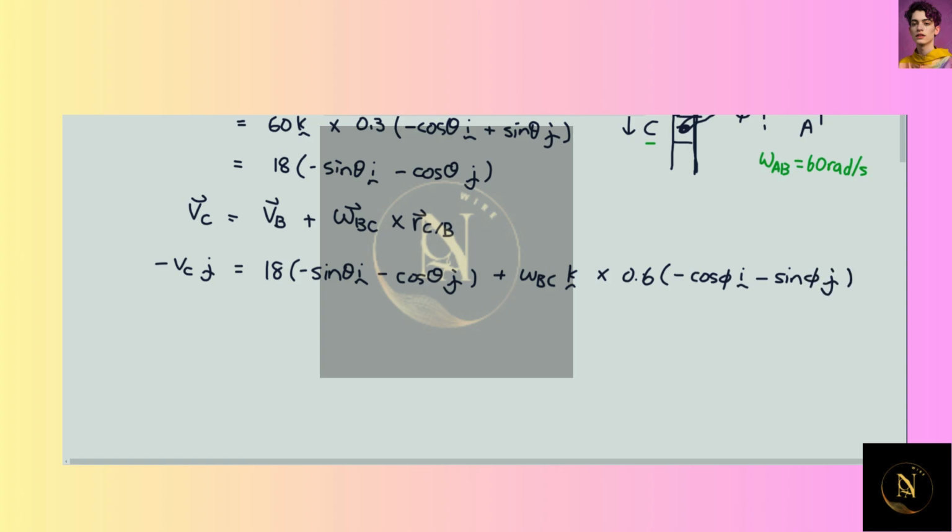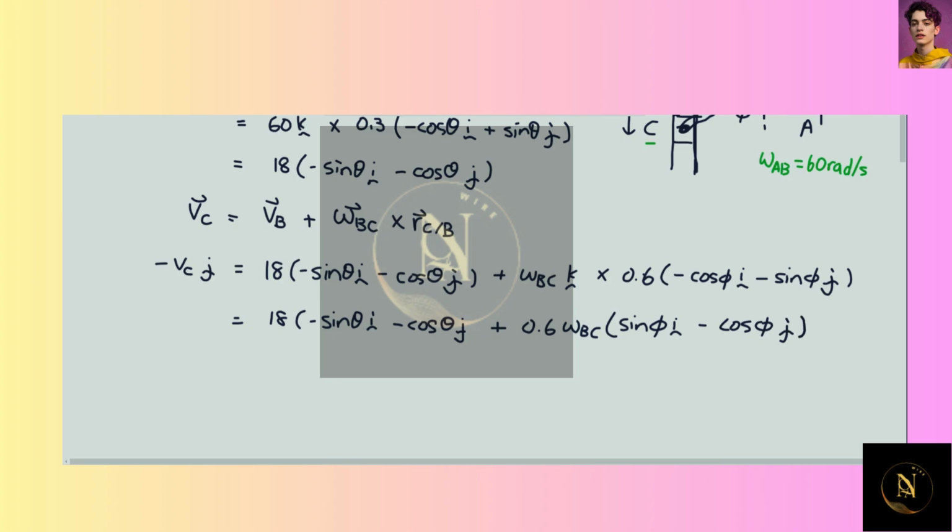Okay, and then this is equal to, doing the algebra, 18 times minus sine theta i minus cosine theta j plus 0.6 omega BC times sine phi i minus cosine phi j.